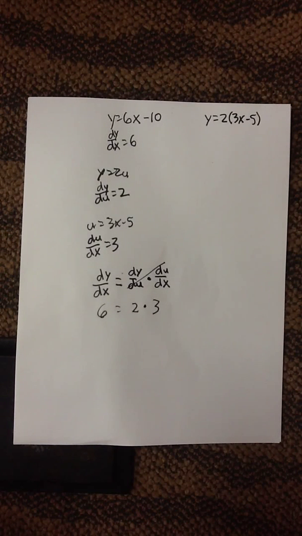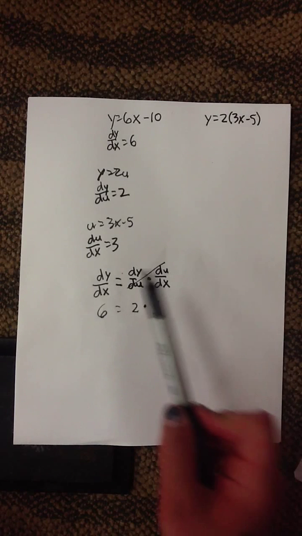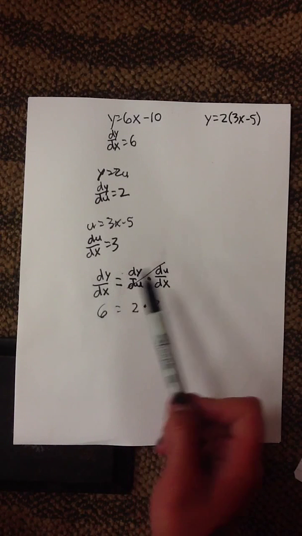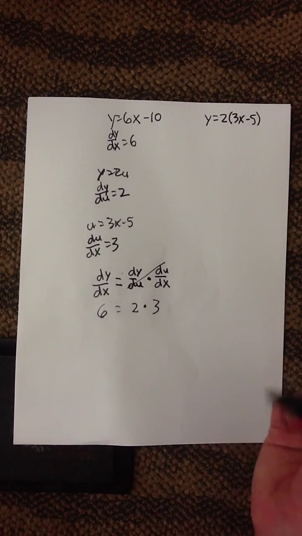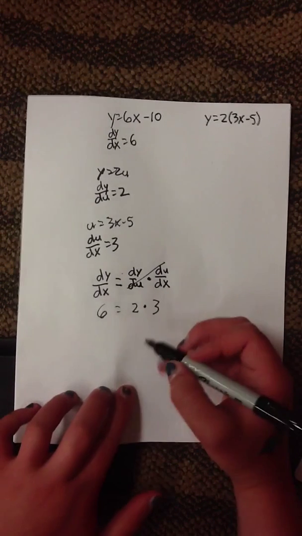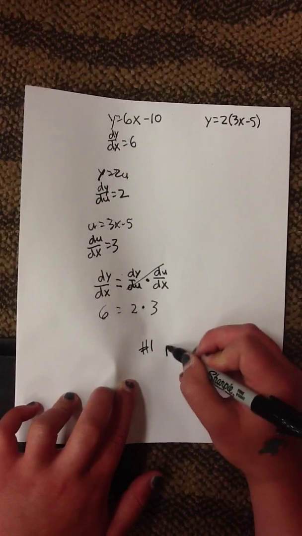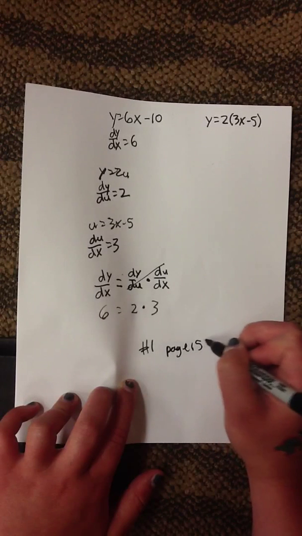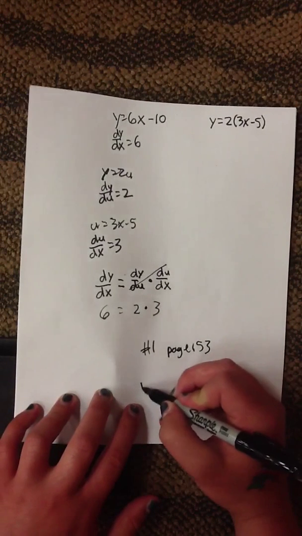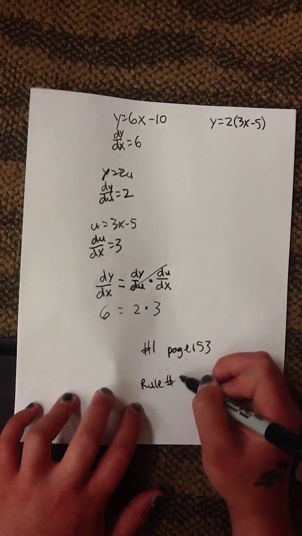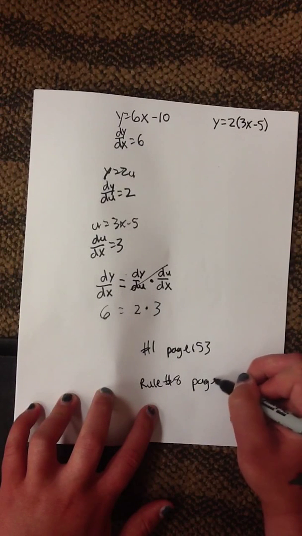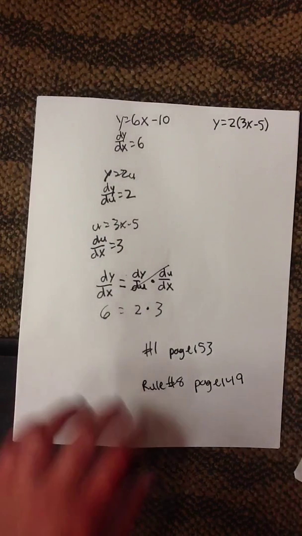Now remember that in Leibniz notation, this is not a fraction, but fraction rules do apply. At this time, please try exercise number 1 on page 153, and then take a moment to write down rule number 8 on page 149.